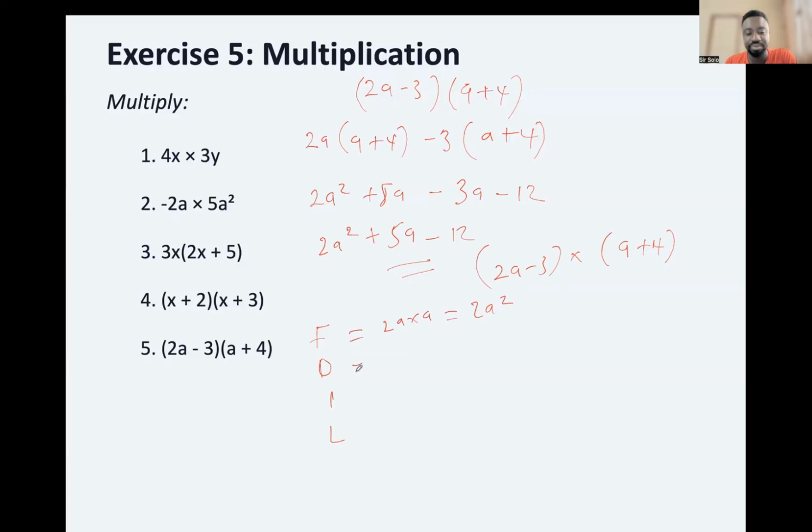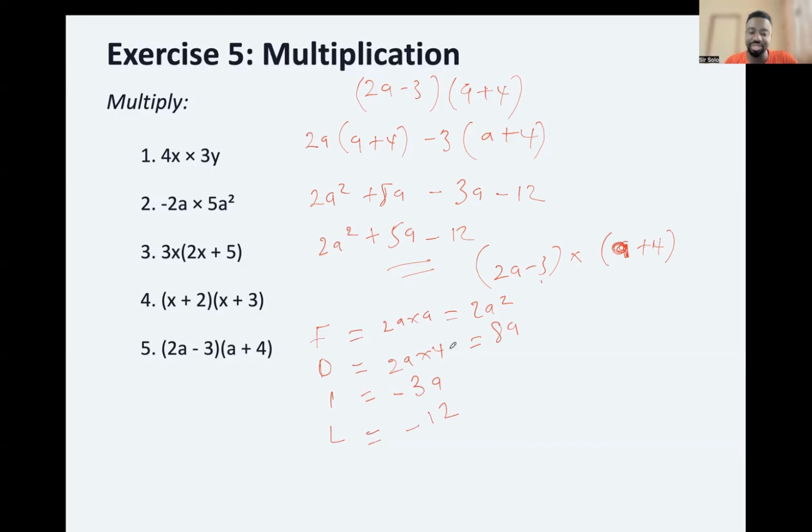Now outer to outer: 2a times 4, which is 8a. And inner is minus 3 times a, which is minus 3a. And then the last is minus 3 times 4, which is minus 12.